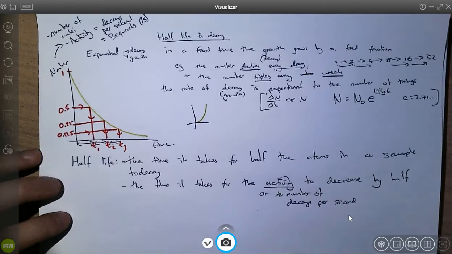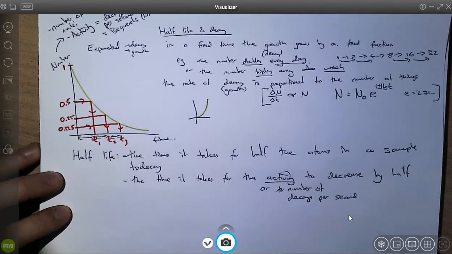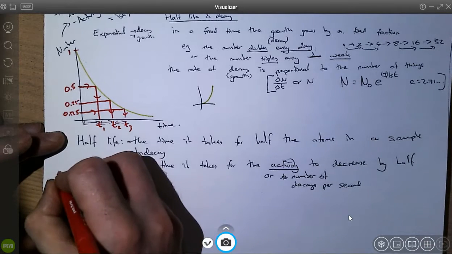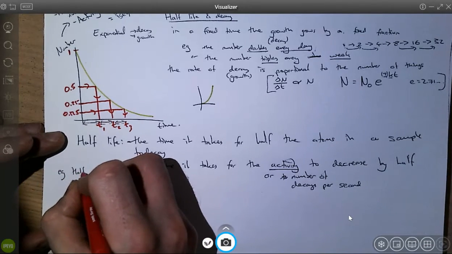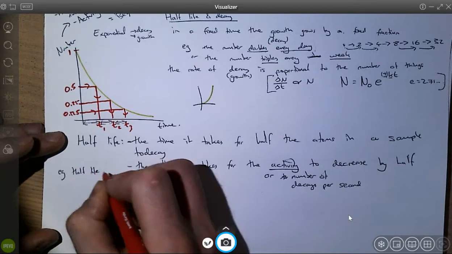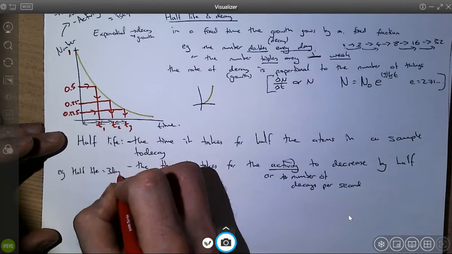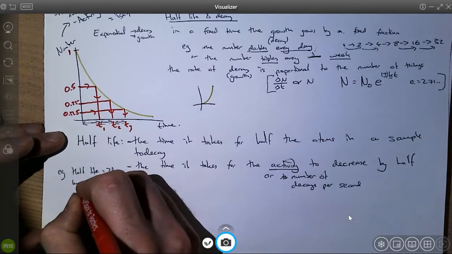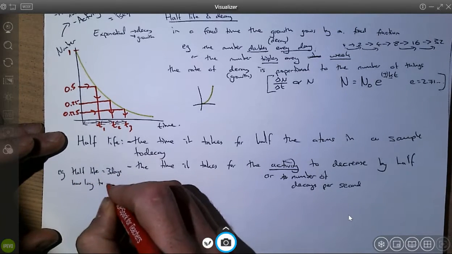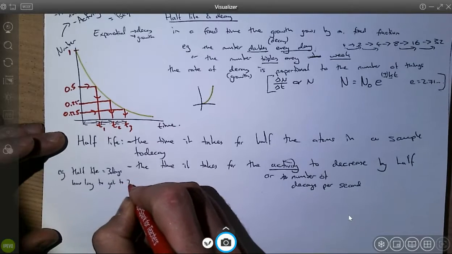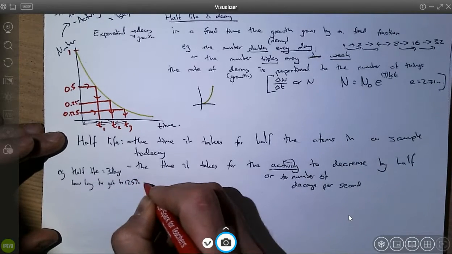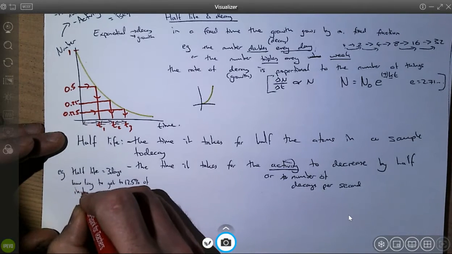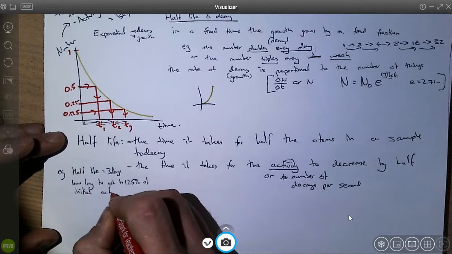And they also need to be able to answer worded questions on this, where they'll say something like, the half-life of some sample is 3 days. How long to get to 12.5% of the initial activity?